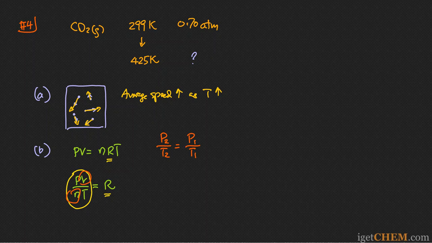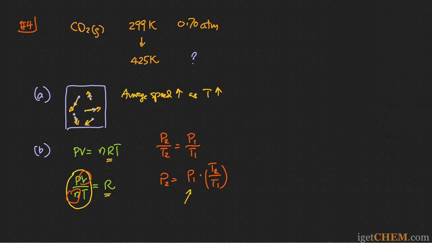And P2, T2 are the pressure and temperature at the end. P1, T1 are the pressure and temperature at the beginning. So we can furthermore rearrange this equation and write it like that. So this is T2 divided by T1. And now you can put the numbers in.